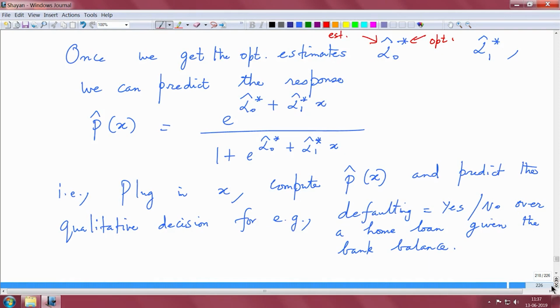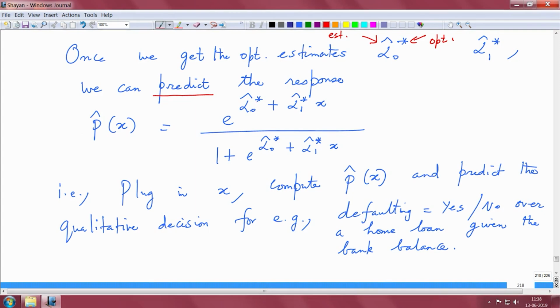And once we get the optimal estimates, our goal would be to predict the responses. So, p hat of x is given by e power alpha naught hat star plus alpha 1 hat star x, divided by 1 plus this quantity here. That is, you plug in x, and you compute alpha naught star hat and alpha 1 star hat. The hat stands for an estimate, the star stands for the optimal condition.